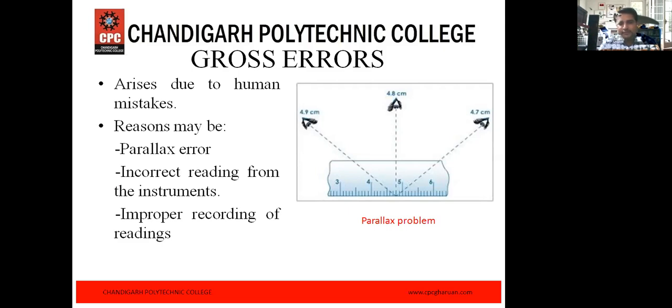Slight change in their readings may occur. Next is the incorrect reading from the instrument. Next is the improper recording of the readings. All these may be the cause of gross errors that come from human mistakes.